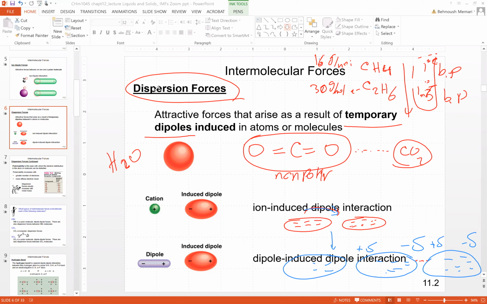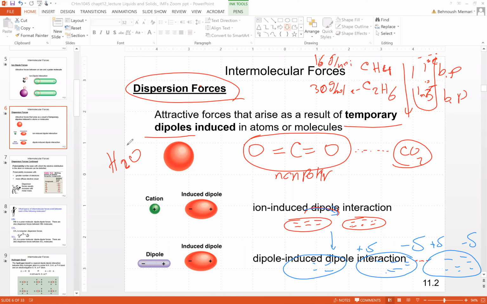It also has dispersion forces because dispersion forces are for every molecule, but dispersion forces are a minor force here. The dipole-dipole is major because it's stronger.